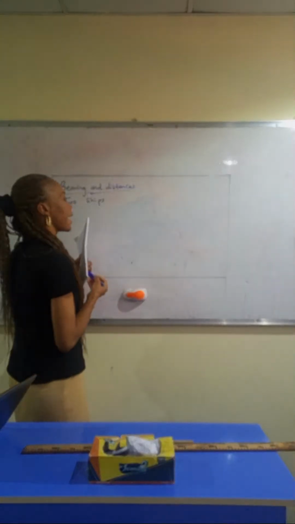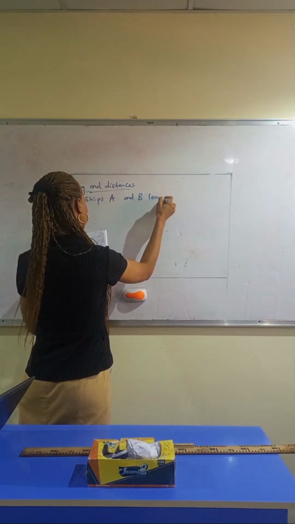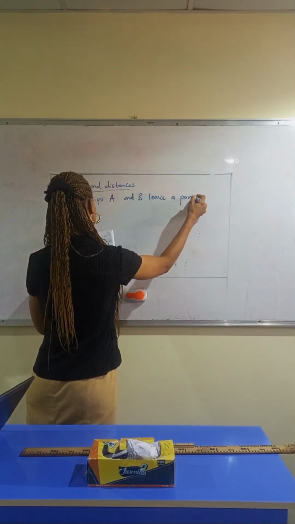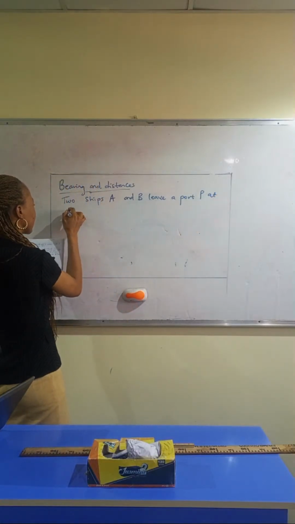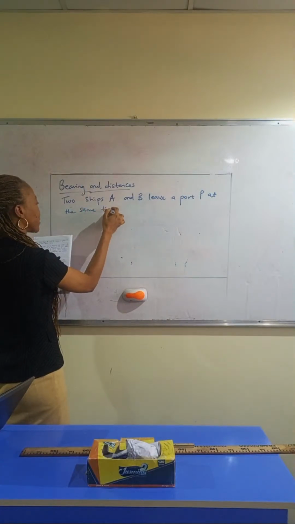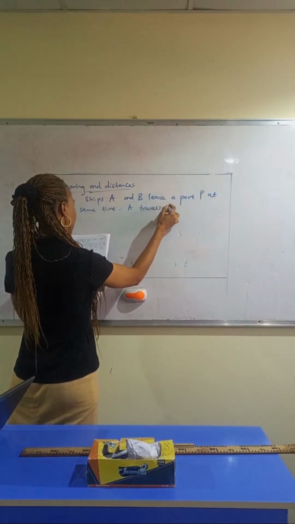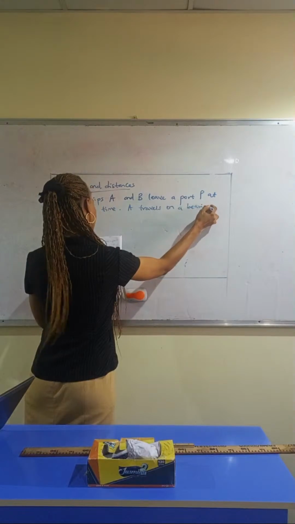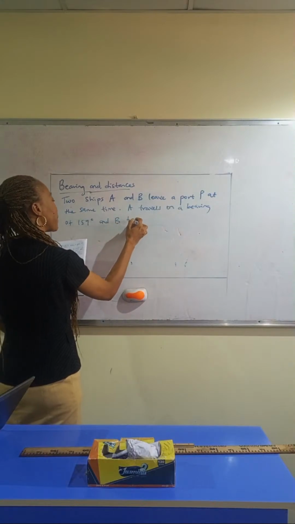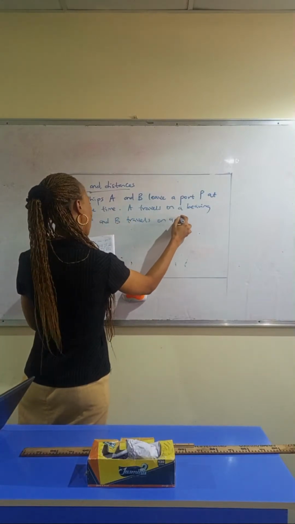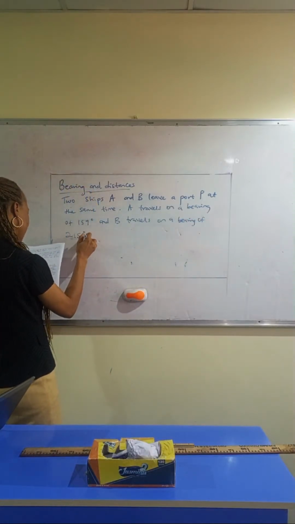Two ships, A and B, leave a port P at the same time. A travels on a bearing of 159 degrees. You can write it down. And B travels on a bearing of 215 degrees.